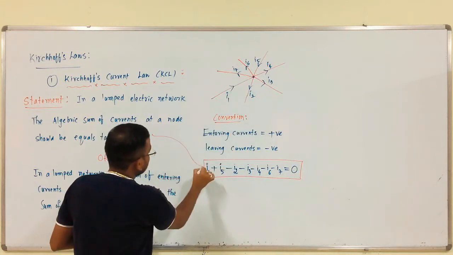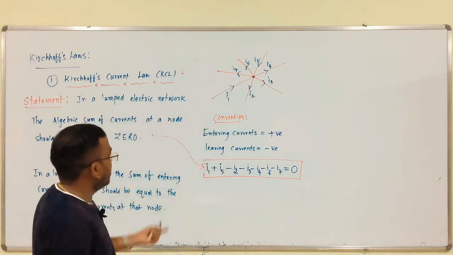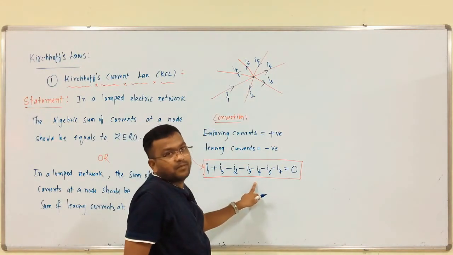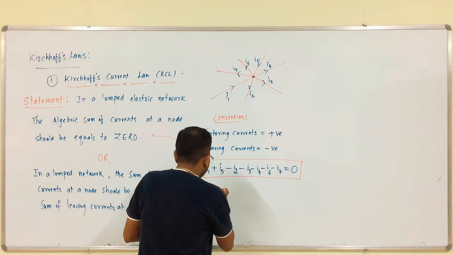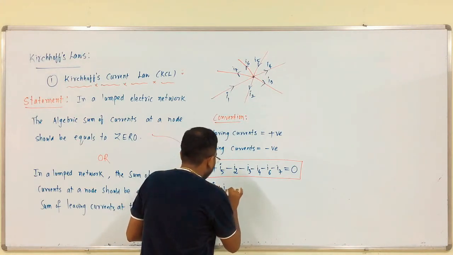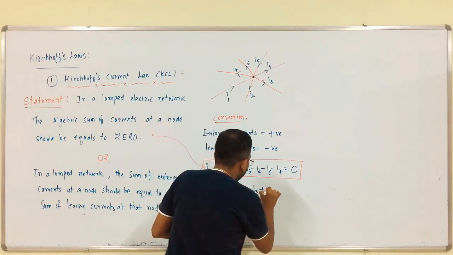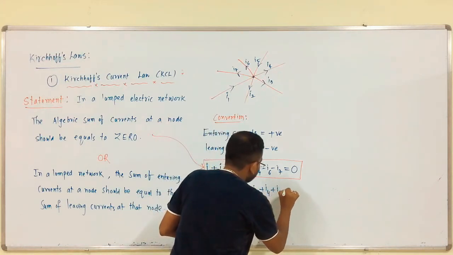So, the algebraic sum of currents at a node is equal to 0. From this, I1 plus I5 is equal to I2 plus I3 plus I4 plus I6 plus I7.